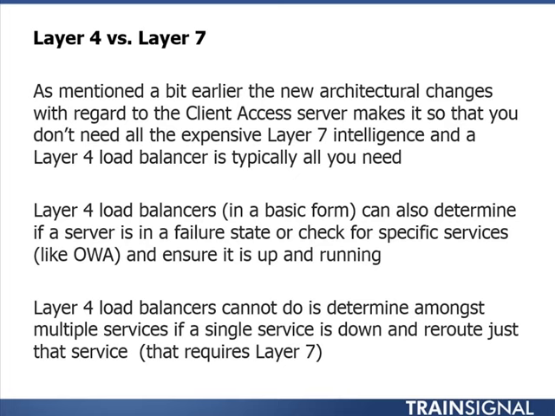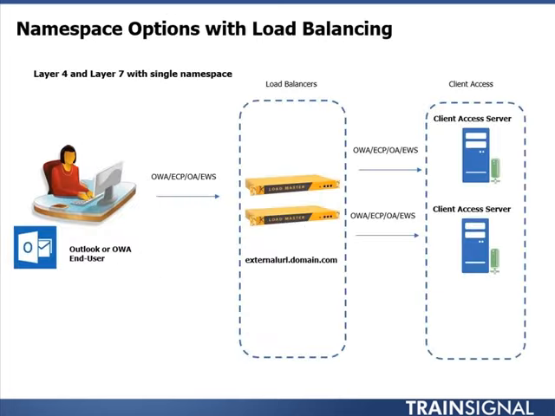So let's look at this visually for a moment. If we take a look here, we're looking at a layer 4 and a layer 7 setup with a single namespace. So if you're using load balancers with either layer 4 or layer 7, you can go with a single namespace implementation.